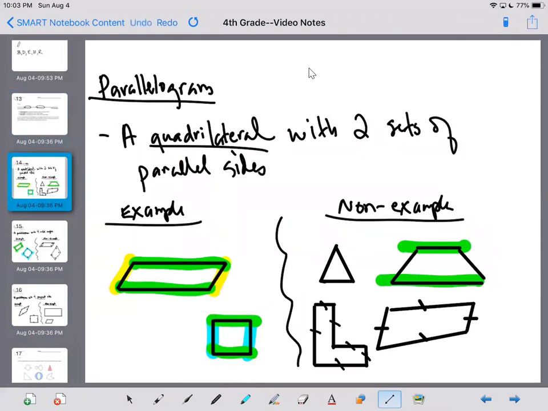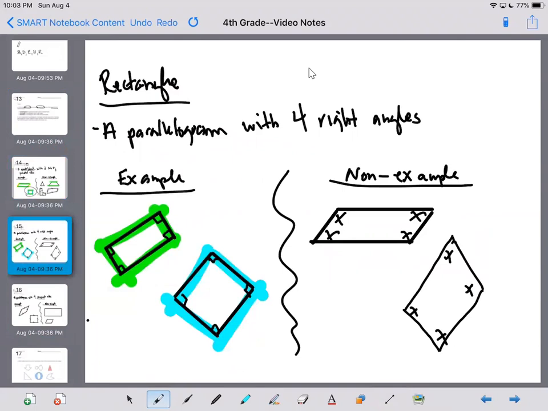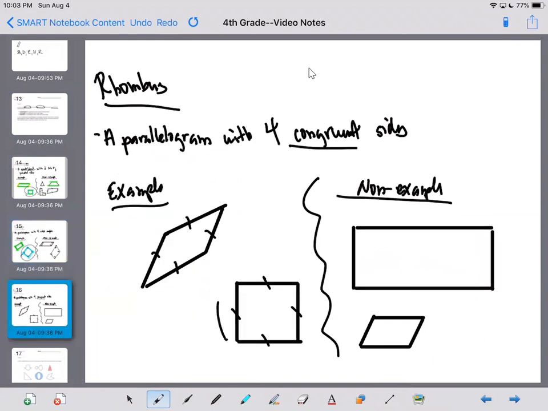The square has 2 sets of parallel sides. A square is a parallelogram that has 4 right angles. So it's also a rectangle. And a square can be a rhombus because remember, a square is going to have 4 congruent sides.